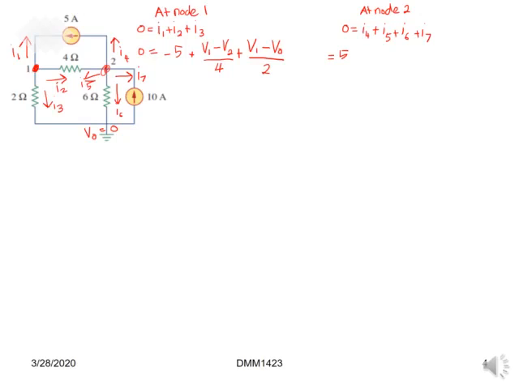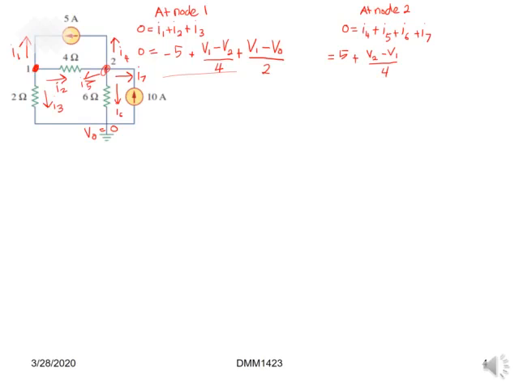Based on Kirchhoff current law, the current entering the node is 0, equal to the current leaving the node, which is I4 plus I5 plus I6 plus I7.